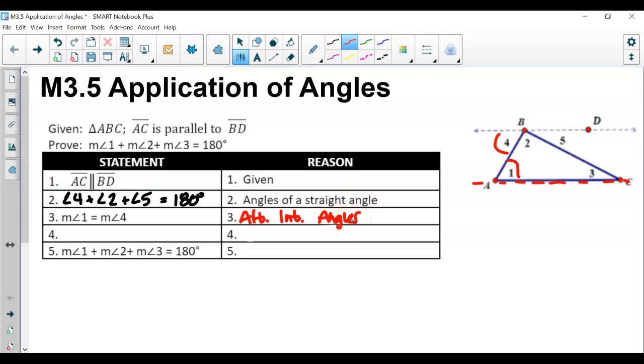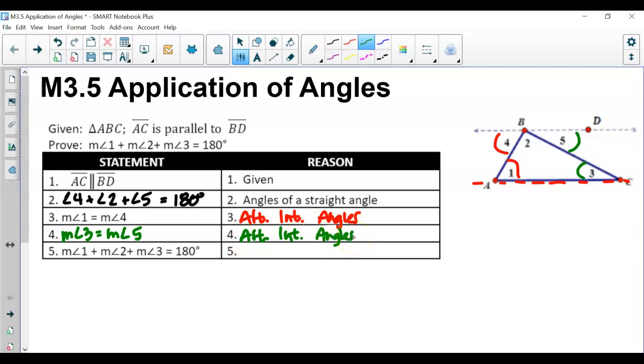So then let's keep going with this. If angle 1 and angle 4, what else could we state next? Angles 3 and 5. So the measure of angle 3 is also equal to the measure of angle 5, because of alternate interior angles.